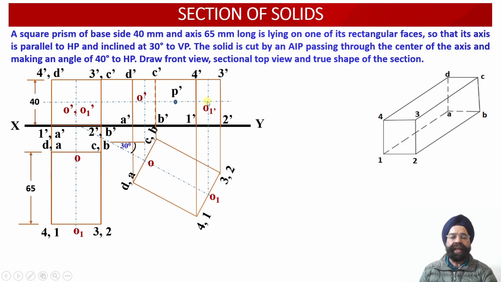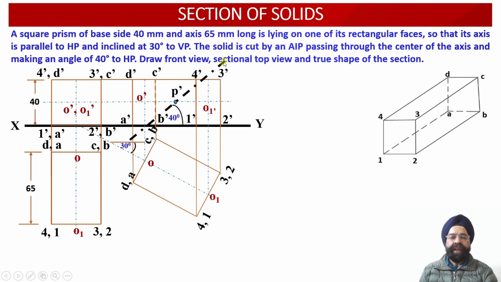So once we locate this point P dash, a cutting plane passing through the point P dash, that is the midpoint of the axis, and inclined at an angle of 40 degree with respect to the horizontal plane, cuts this inclined square prism over there.